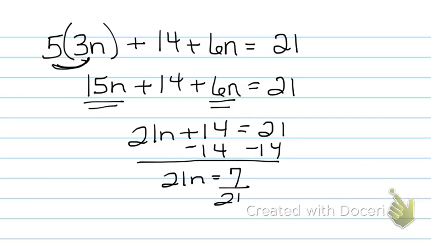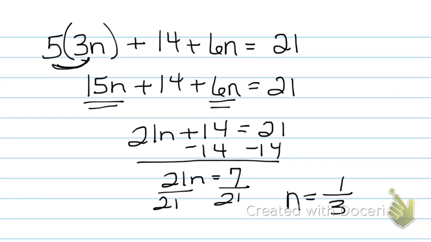Now, when I divide by 21, I have 7 over 21, but there's a better way to write that. Who knows the best way to write 7 over 21? Cody? Yeah, reduce it to 1/3. I would rather you write 1/3 and not point three repeating. 1/3 is more appropriate than point three repeating for fractions or for solving.